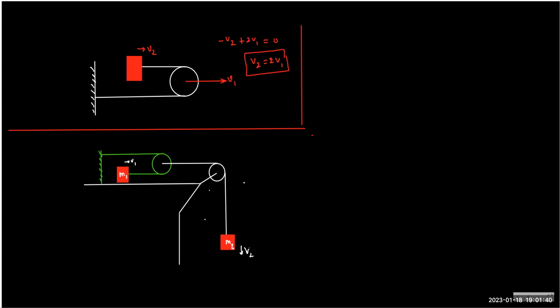So V2 is equal to 2V1. It's the same thing. See, first of all, when you see a question like this, we generally tend to forget which pulley is to be considered. You can see this pulley is a movable pulley, right? But this pulley is a fixed pulley. So the pulley constraint we apply for every pulley which is movable. If it is fixed, then of course the answer will be really simple.